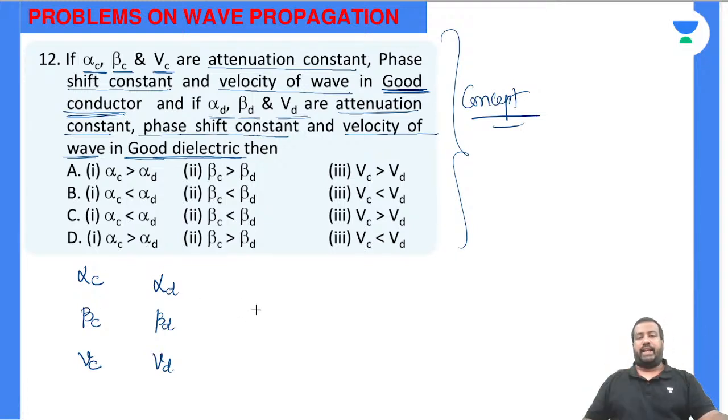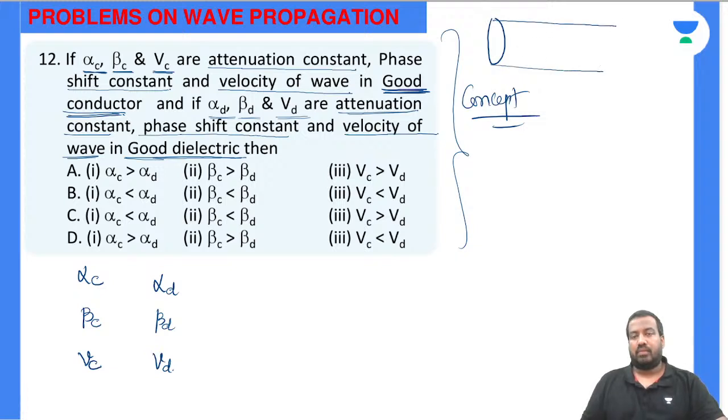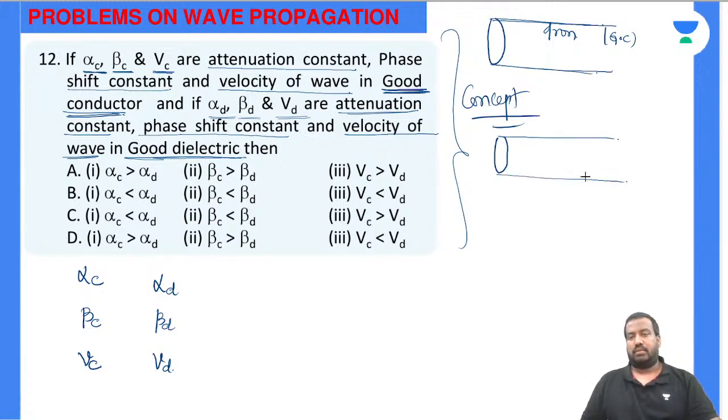When a wave is propagating in a good conductor like iron, or in a good dielectric like wood, tell me what happens.